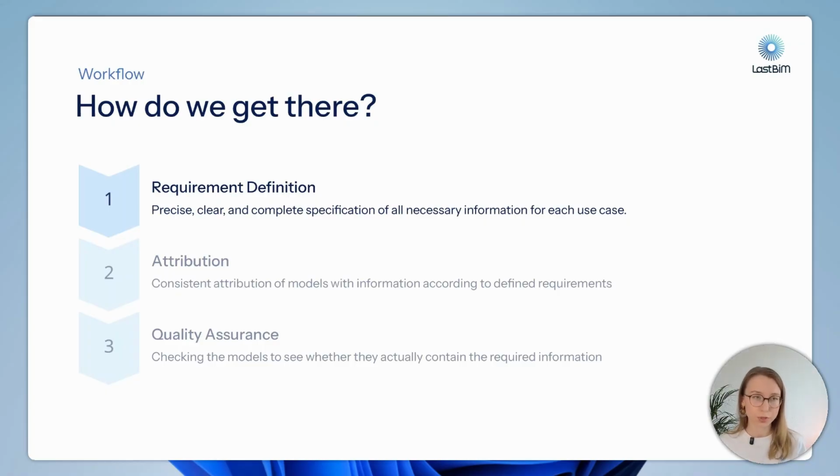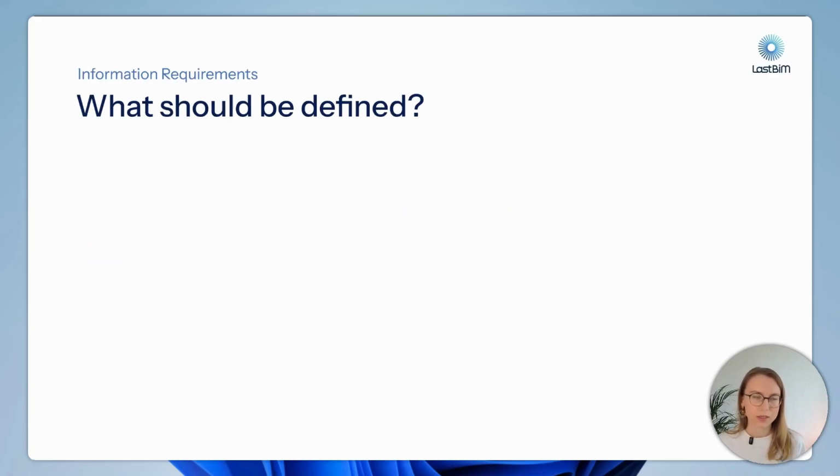So the information requirements are quite essential for our data quality in the BIM projects because they are the foundation for the attribution process. Because of that, we will have a look at it now and see what those information requirements are at all. So in our definition of information requirements, we should answer at least the following five questions.